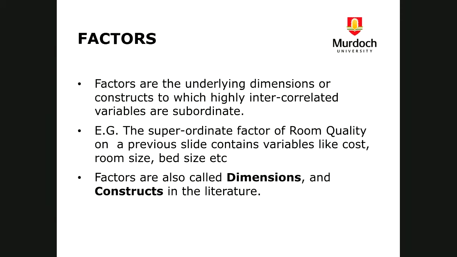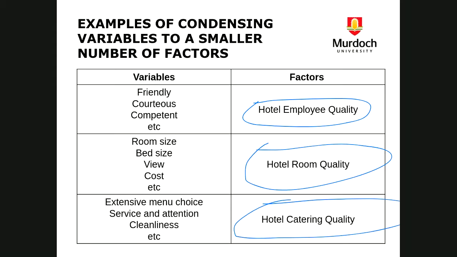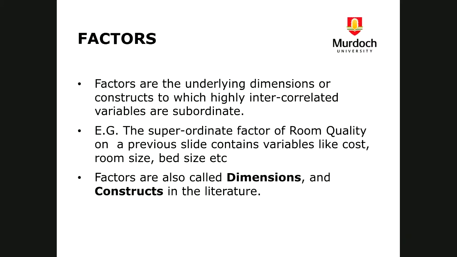Now, those new variables are called factors, and that's why we call it factor analysis. So factors are the underlying dimensions or constructs to which highly intercorrelated variables are subordinated. So we have a group of variables that are highly interrelated or correlated, so that's why we decide that they belong to this group, all right?